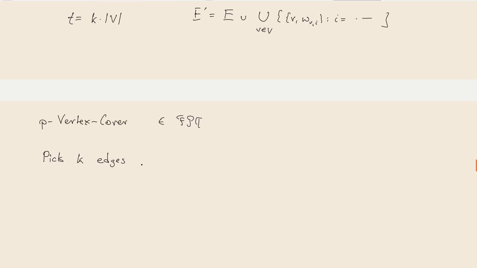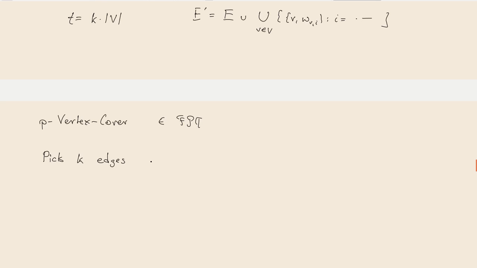Okay? You don't consider all edges here, which means that it might happen that you'll never find a solution to the problem here. But if you don't find such a solution, then there is none with k, because all vertex covers have to also cover these k edges.